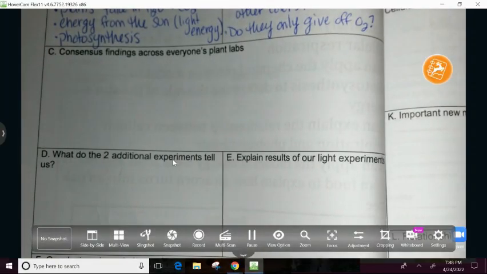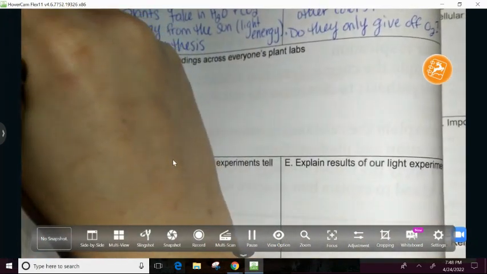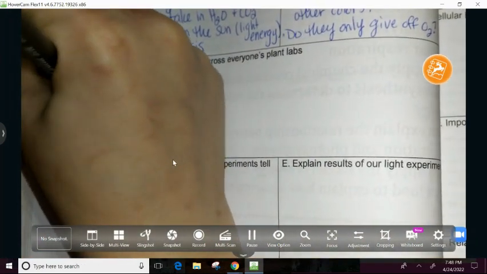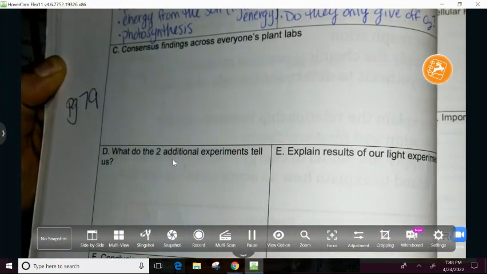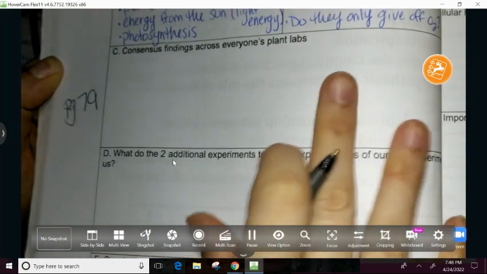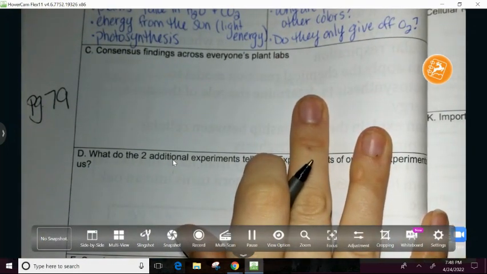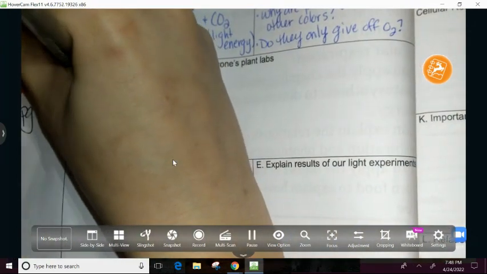Okay, so we are on page 79. This is box C. What did we find out about these two gizmo labs? We found out that plants use carbon dioxide in sunlight to complete photosynthesis.